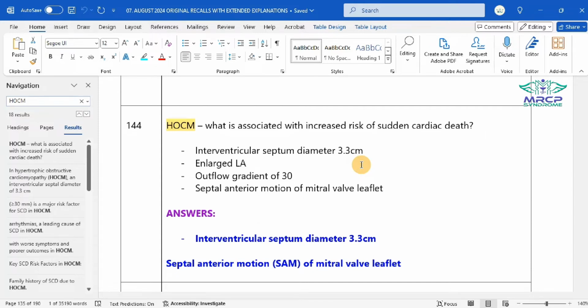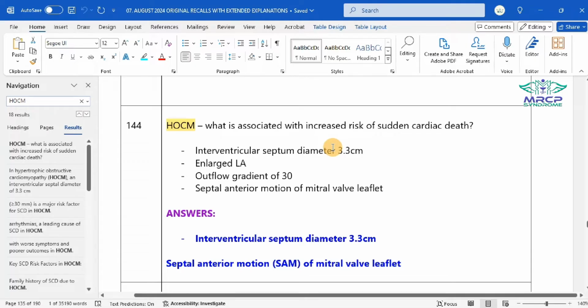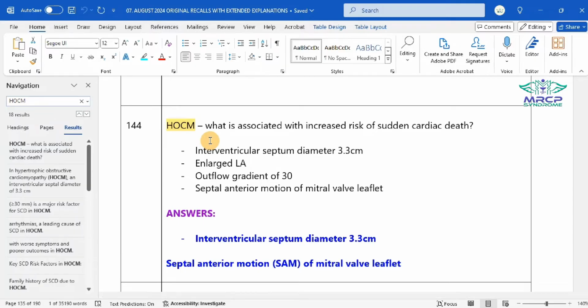It will usually carry the highest risk of SCD, especially ventricular tachycardia or ventricular fibrillation. So in case of HOCM, whenever the interventricular septum diameter is greater than or equal to 30 millimeter, it will carry the highest risk of SCD.